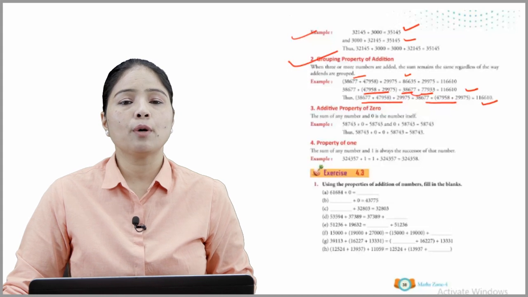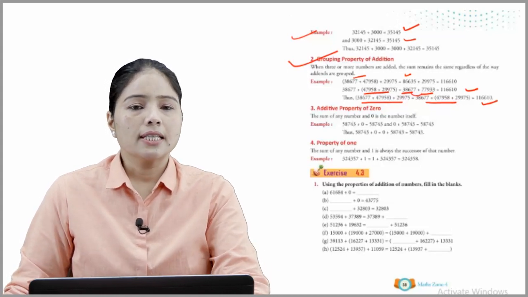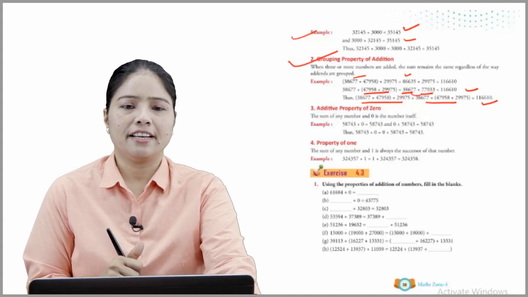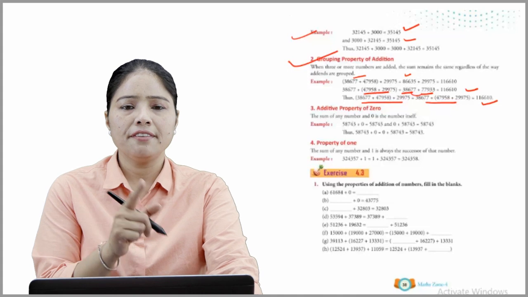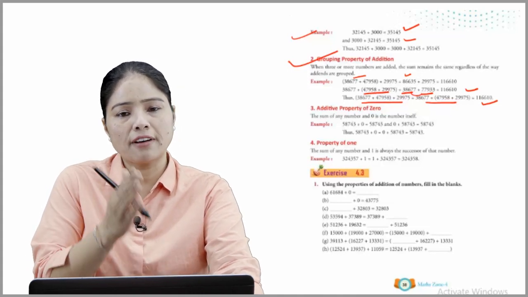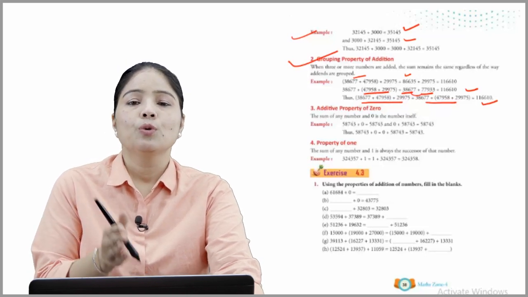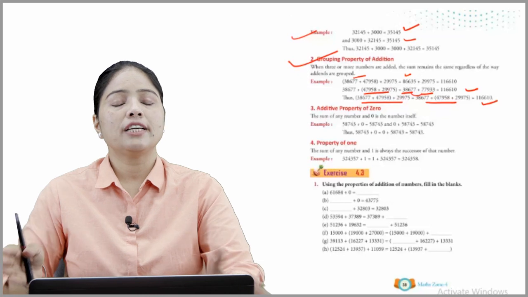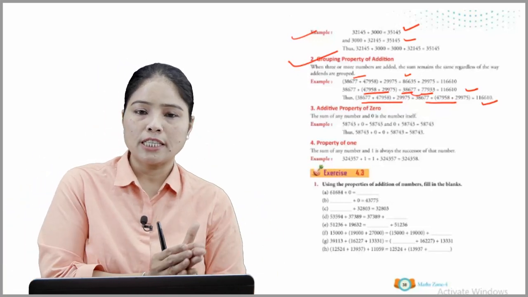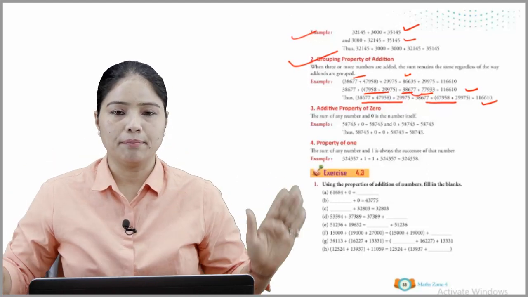Now move on to third property, which is additive property of 0. The sum of any number and 0 is the number itself. Example, 58743 plus 0 is equal to 58743 and 0 plus 58743 is equal to 58743. मतलब कि नंबर में 0 प्लस करो या 0 में नंबर प्लस करो, आंसर इज सेम.